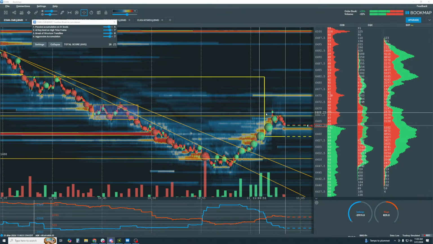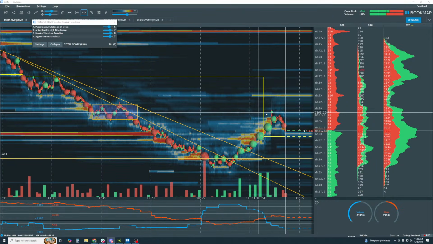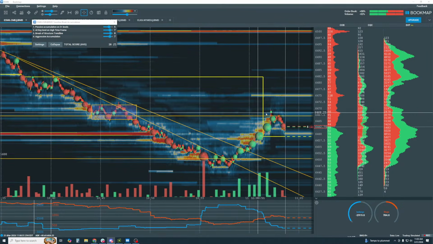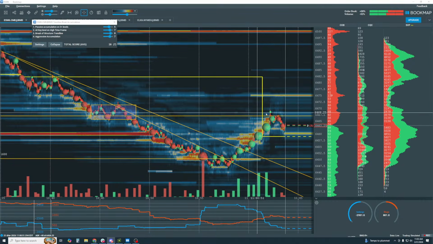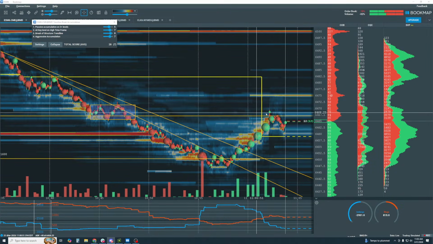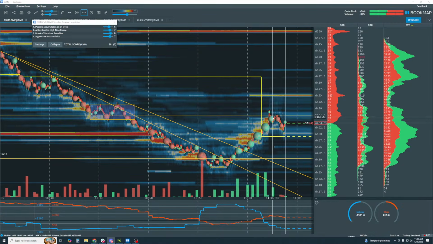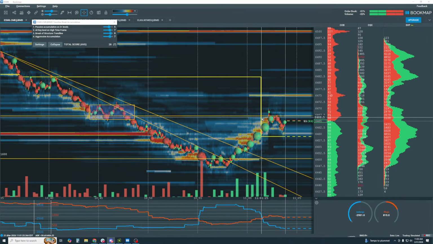You just want to trust it, trust the setup, be able to make a distinction between a good one and a bad one, or not so good. And then you're building out your edge.